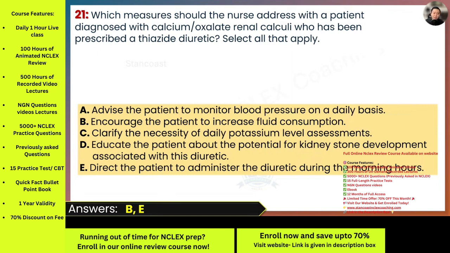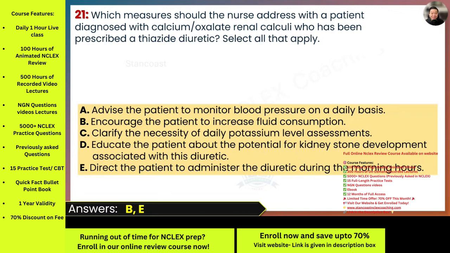And take note that the thiazide diuretics can concentrate the urine by decreasing calcium excretion, and maintaining adequate hydration can help dilute the urine. This will reduce the risk of stone formation.